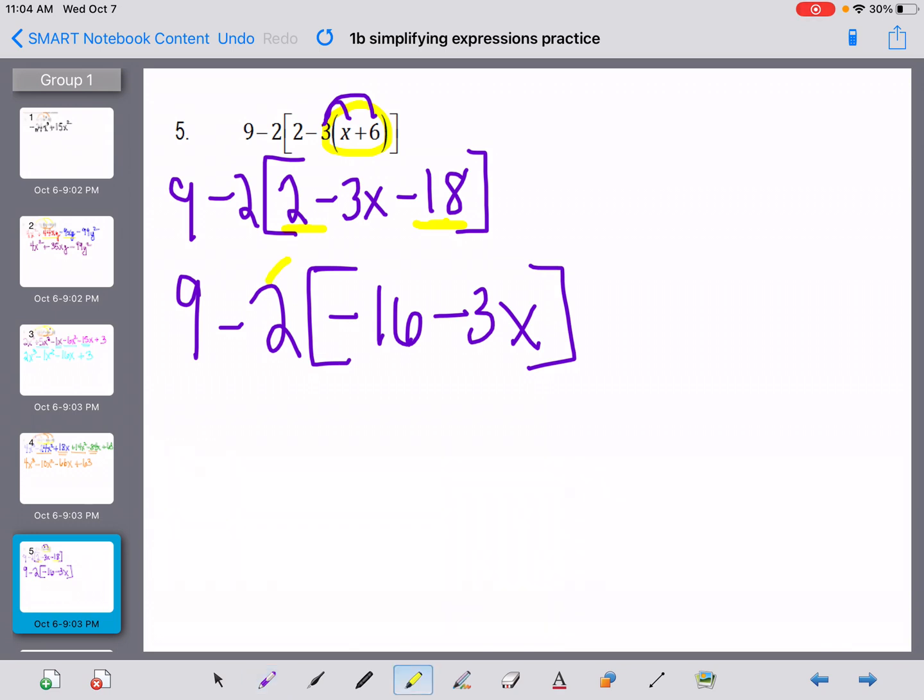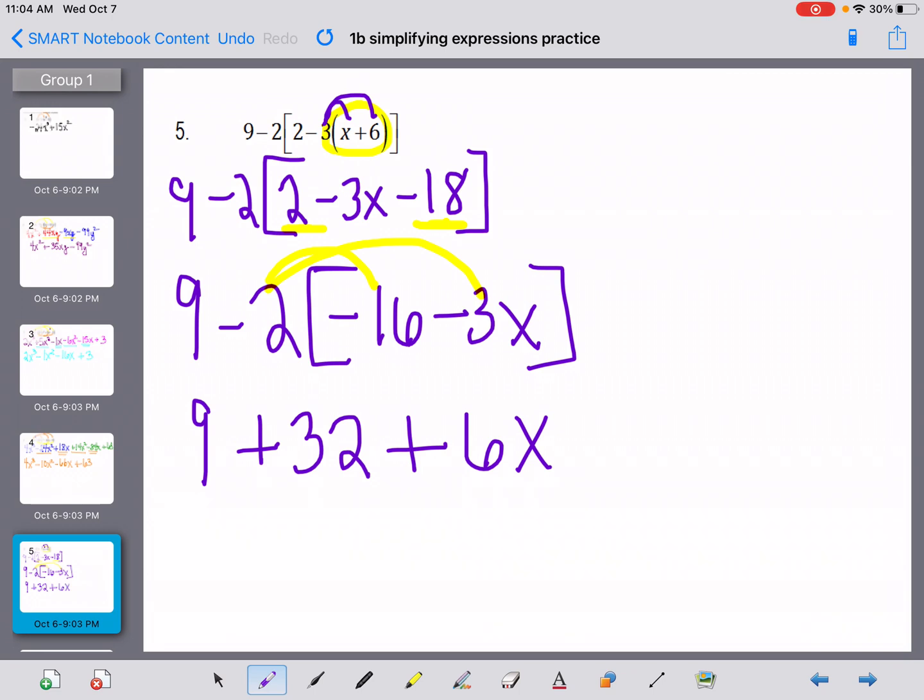So we're going to distribute here. So the 9 hasn't gone anywhere. Negative 2 times negative 16 is positive 32. Negative 2 times negative 3x is positive 6x. And then when we add 9 plus 32, we get 41 plus 6x.